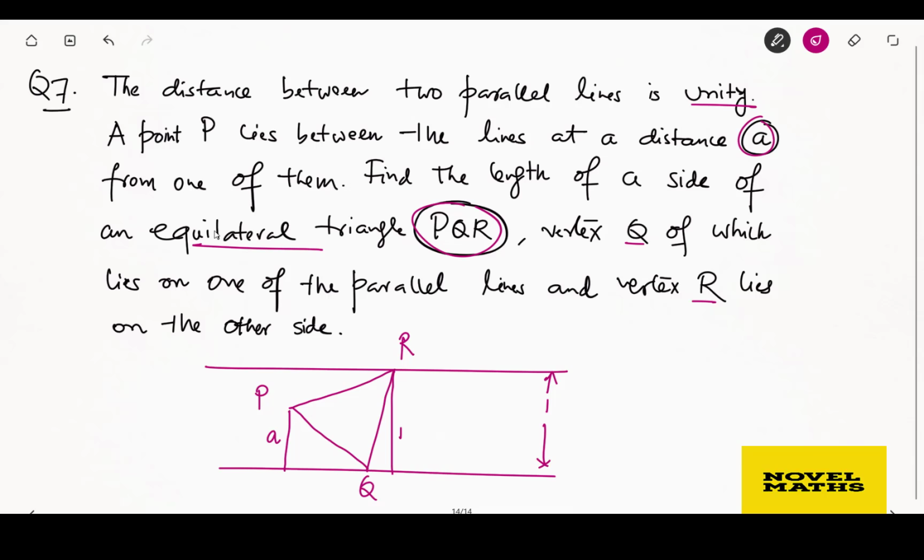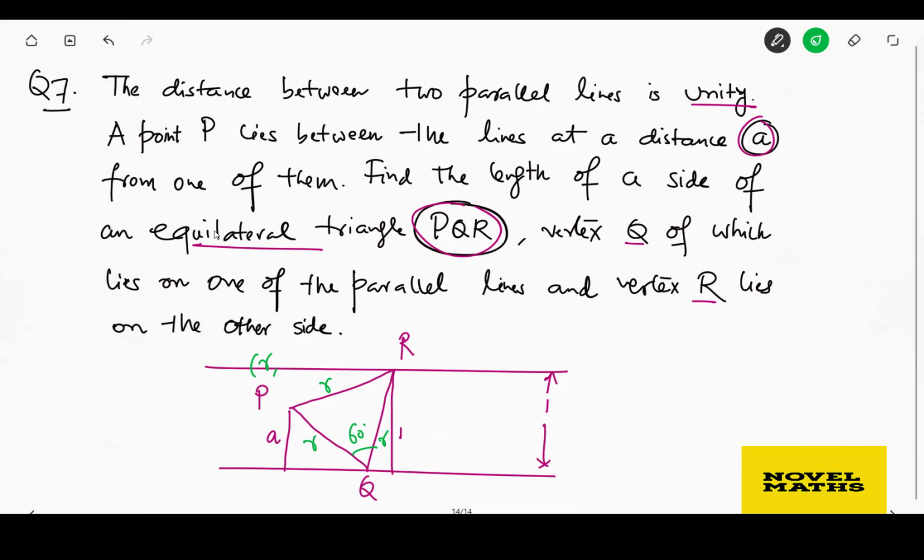So how to attack this problem? This looks very complicated, right? But if we think in terms of polar coordinates, this will be very easy to solve, because this is an equilateral triangle. Assume the length of each side is r. The angle between two sides will be 60 degrees. So what should be the polar coordinate of P?